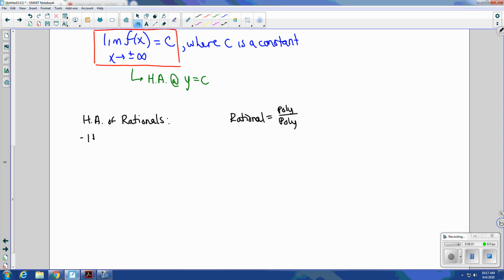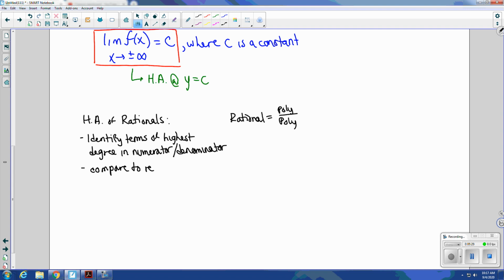To find horizontal asymptotes with rationals, step one, identify the terms of highest degree in the numerator and denominator. Once you have done that, you're going to compare to reveal the horizontal asymptote.